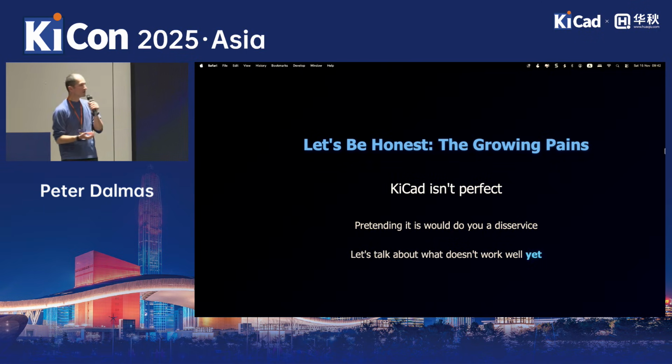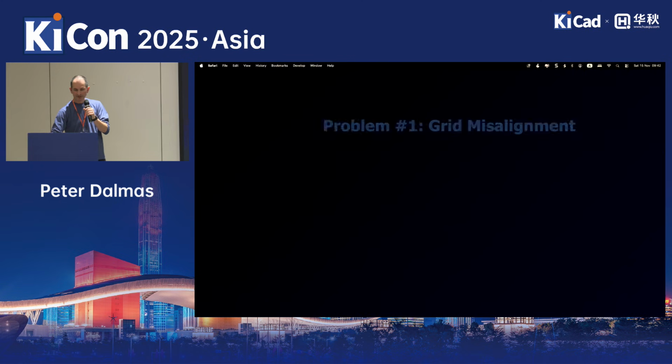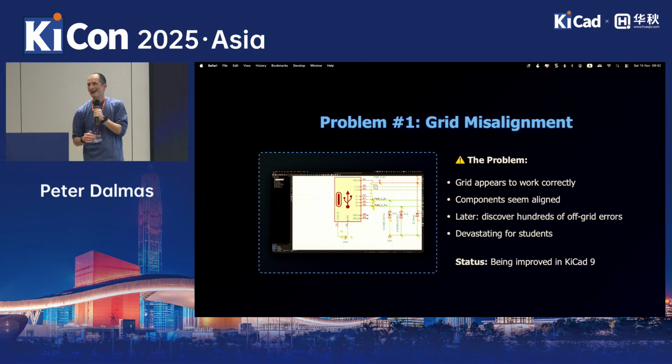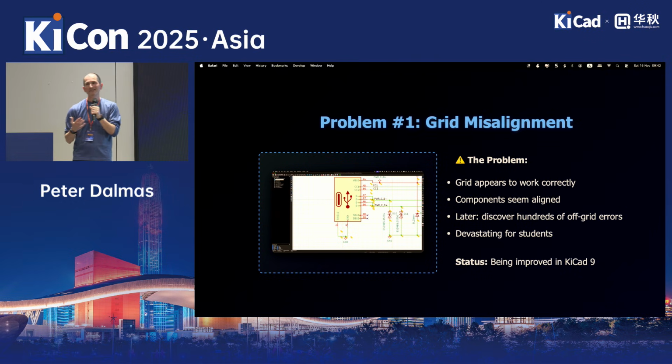So one thing that frustrates me quite a bit is the grid misalignment. Because I work on a lot of different projects every year, KiCad tends to be something that I focus on maybe once or twice a year. So I kind of have to relearn some of the basics, and one of those things is the grid, which frustrates me.